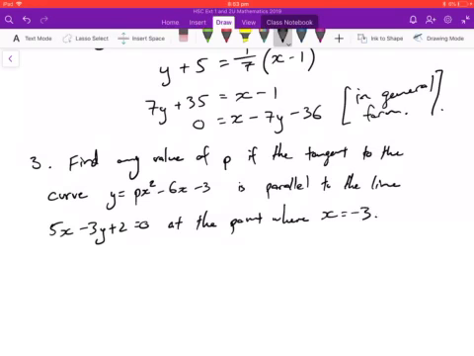All right, so find any value of p if the tangent to the curve y equals px squared minus 6x minus 3 is parallel to the line 5x minus 3y plus 2.